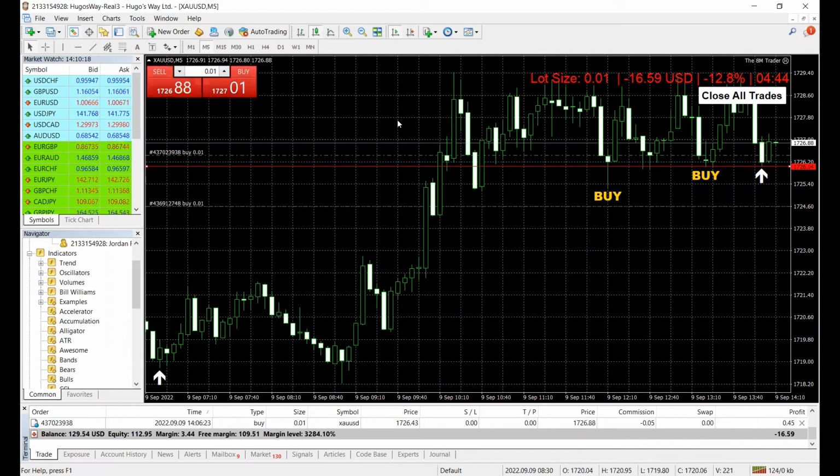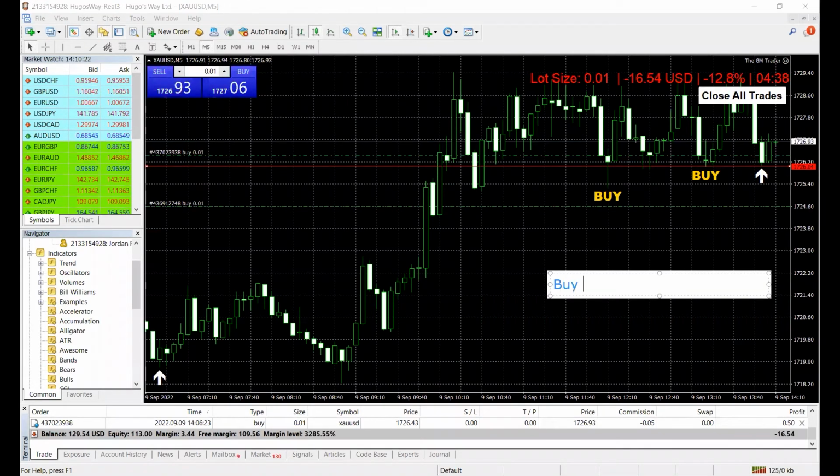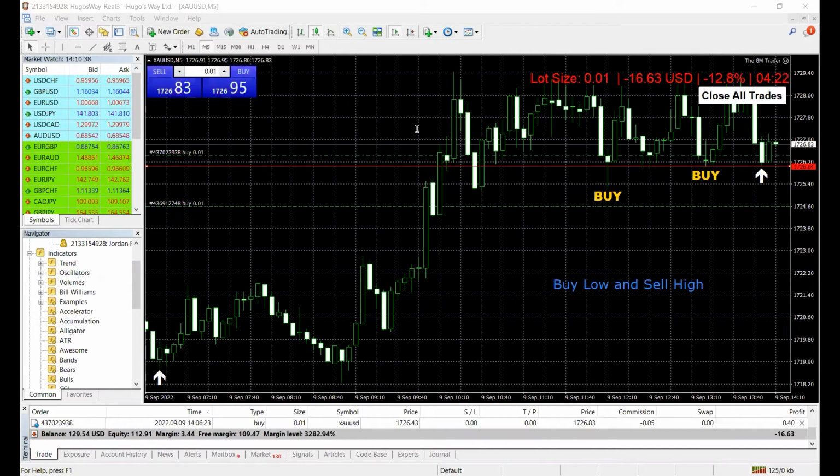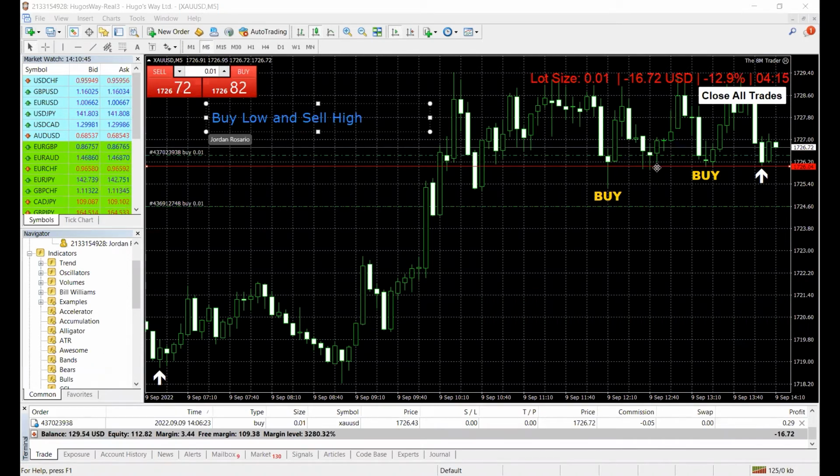Let me go ahead and write that down again. We buy low and sell high. This is a concept that you'll understand a lot more as we move forward through our journey together. And the way that we can tell if we are at the low point or the high point is looking for our horizontal lines, our support, and our resistance.